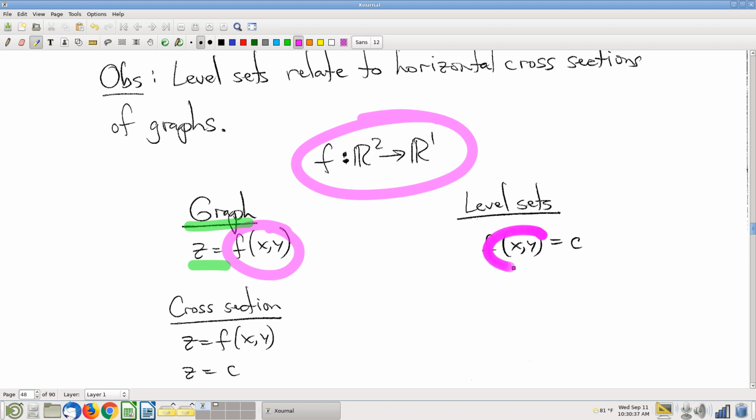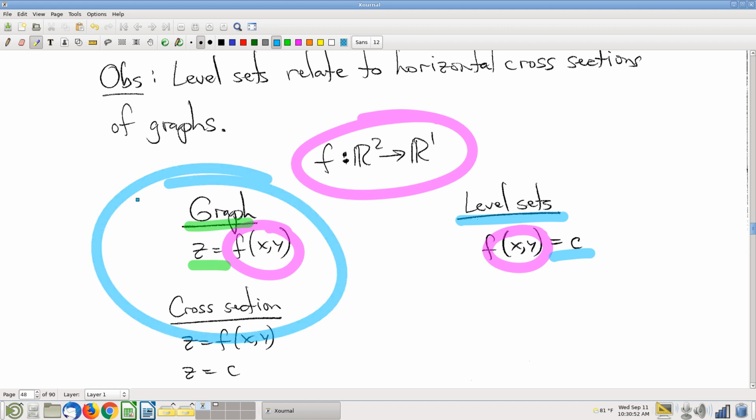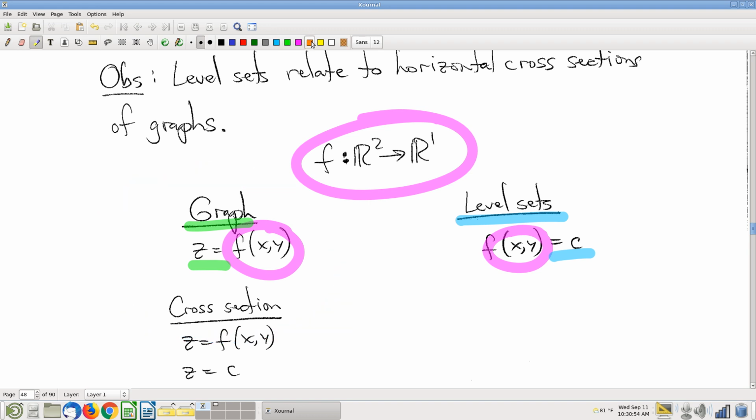A level set is what you get when you set that function equal to a constant, not a new variable, a constant. This then gives you, in this case anyway, an equation of 2 variables. So that's a big difference, right? Graphs give you equations of, in this case, 3 variables, whereas level sets only 2 variables. So they're different. What's the connection between them?